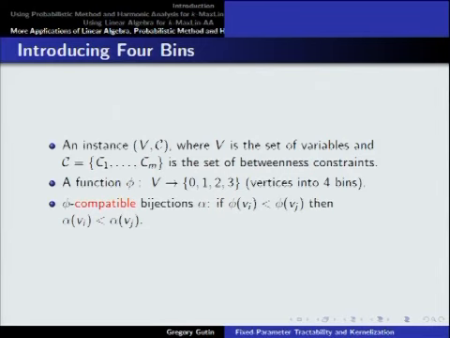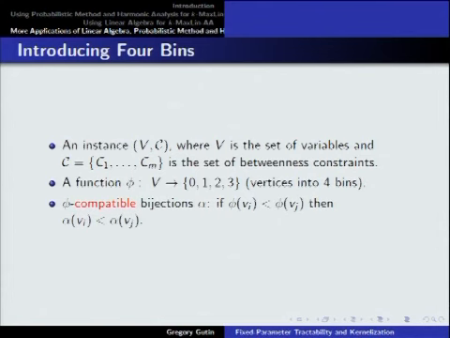Here we use the following trick with 4 bins. We look at an instance of this betweenness problem, and then we consider a function which assigns variables into 4 bins. This function is called phi. A phi-compatible bijection alpha is one which is compatible with that: if a variable is put in a smaller bin, then its position is also smaller.